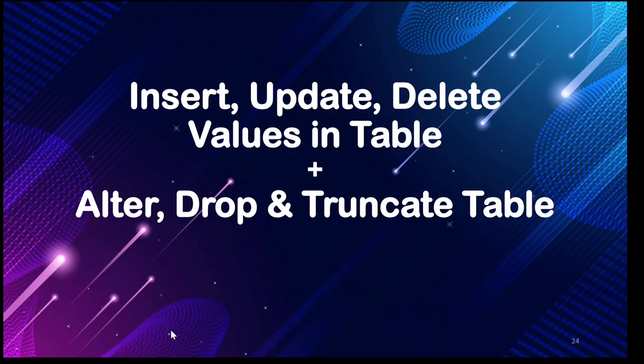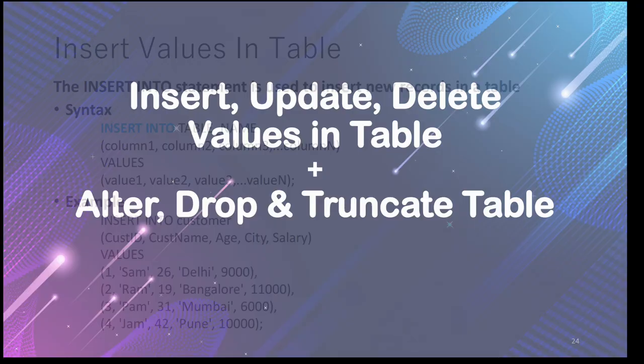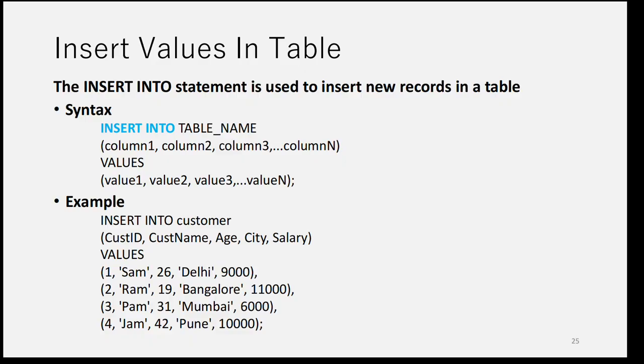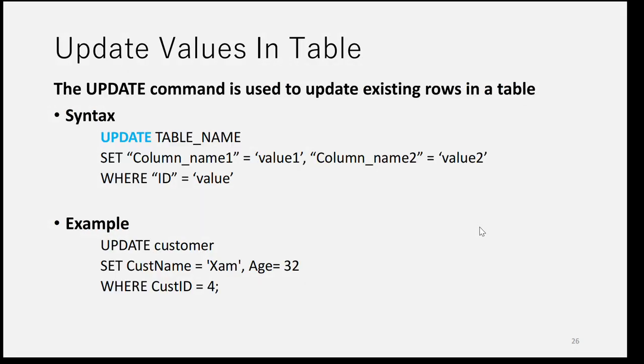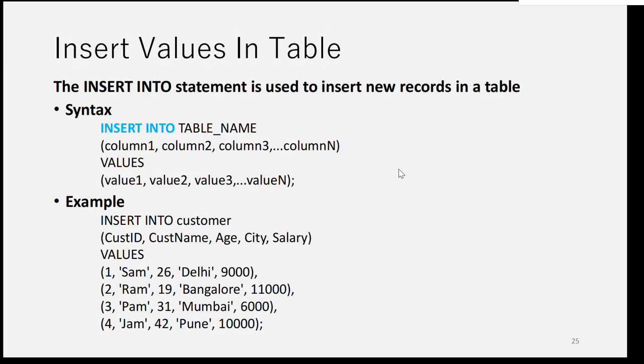So now let us see how to insert into the table, update, delete the values, and also alter, drop and truncate. So this is the insert part: you add new rows or new data to the table. You insert into the table name.